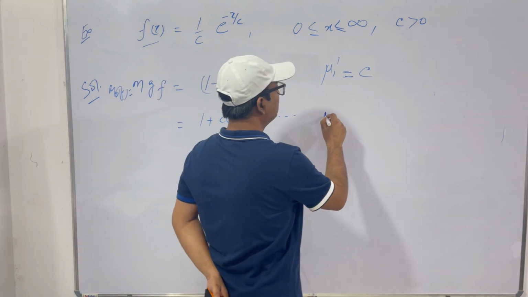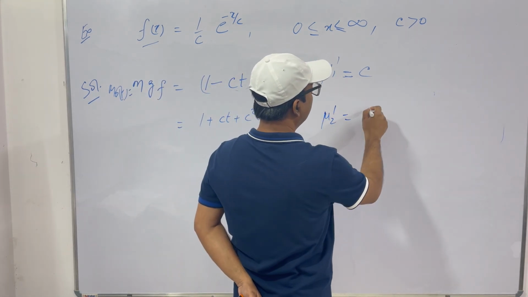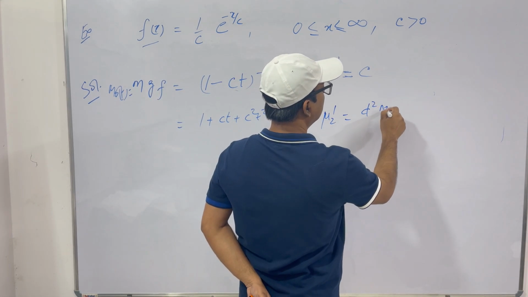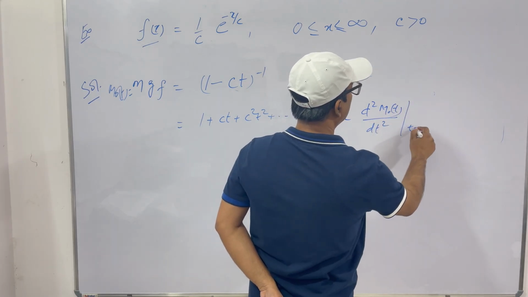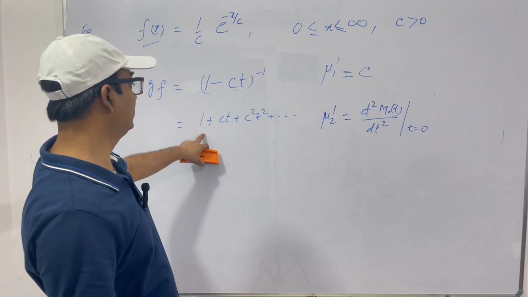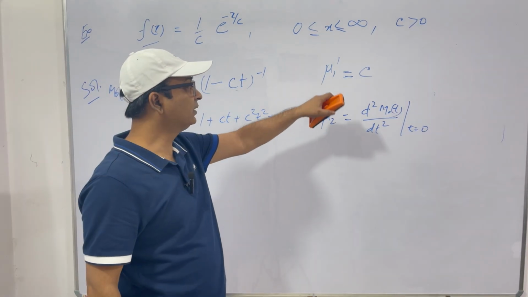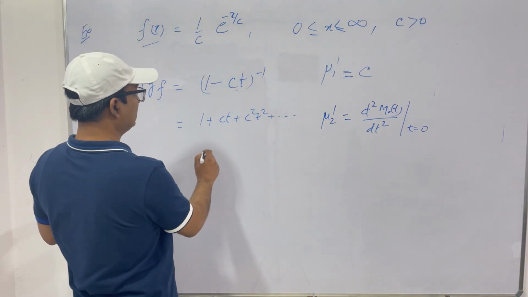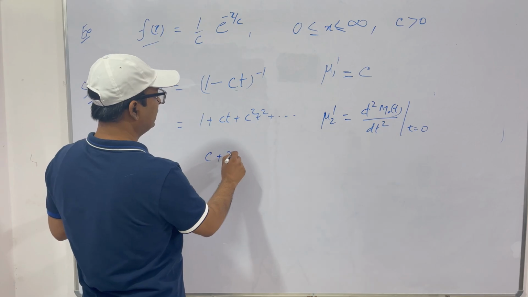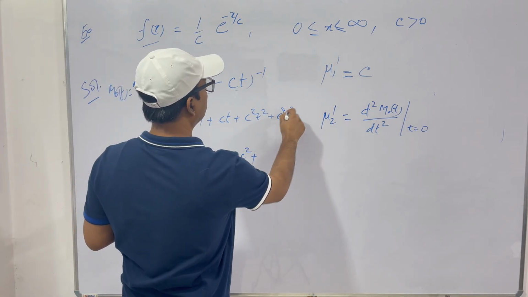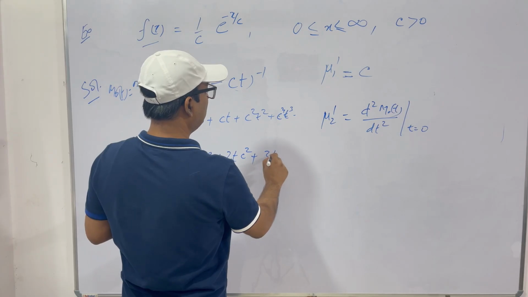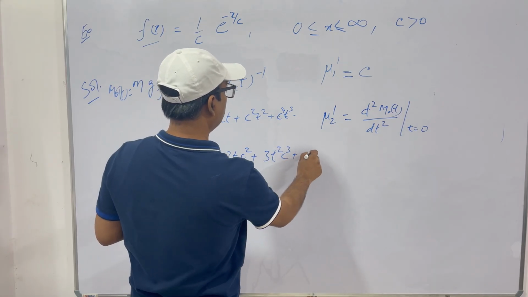Then mu2 dash is given by the second derivative at t equal to 0. Now you have m02 here. We have the first derivative: it was c plus 2tc square, then we have c cube t cube, so this is 3t square c cube and so on.